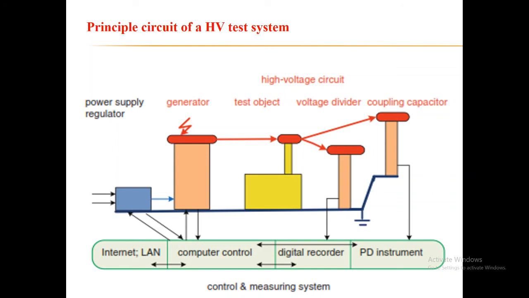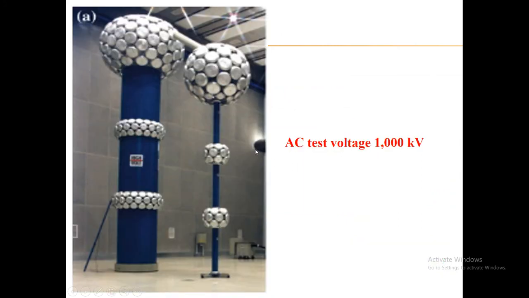Afterwards, you will have the software technologies, from where indirectly you can assess the quality of the insulation during the conduction of the test. So this is the very basic circuit arrangement usually seen in any of the high voltage laboratories.